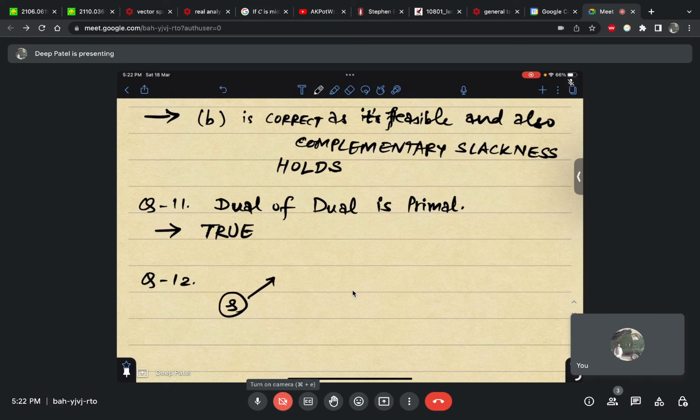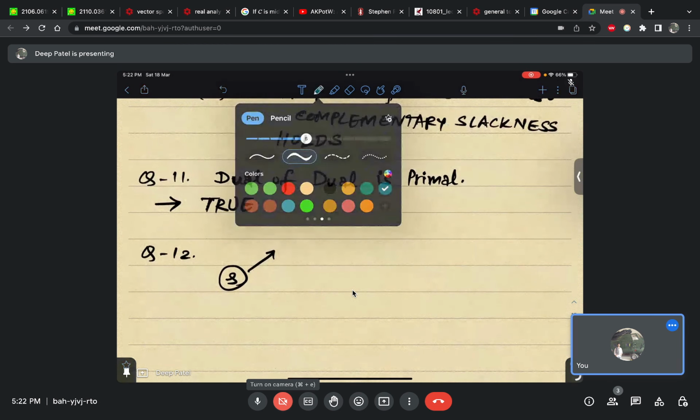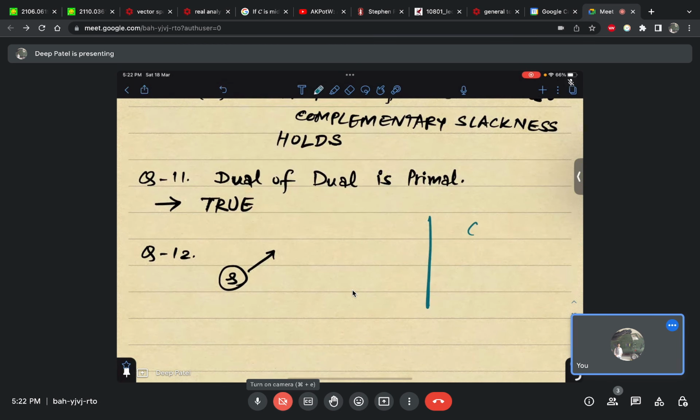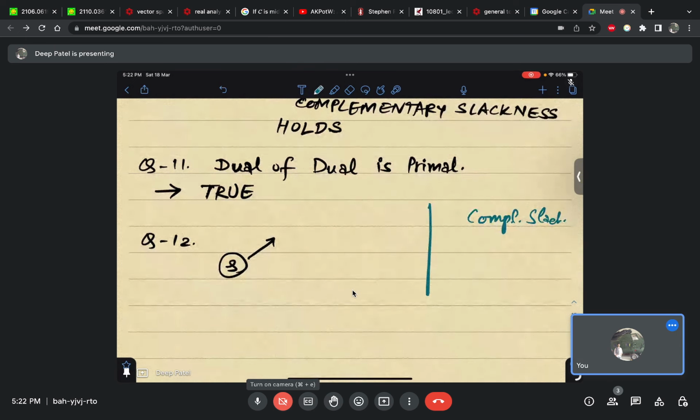There was a bit of confusion regarding that, but nice that you have cleared it up. So this is just an aside. For complementary slackness, we were utilizing the fact that the constraints are inequality constraints.